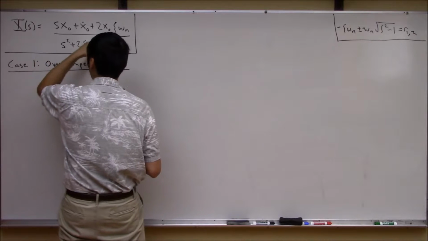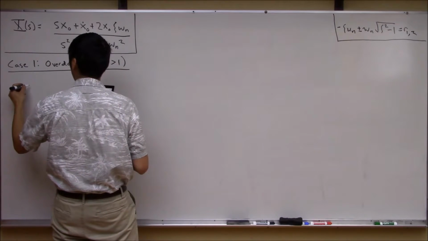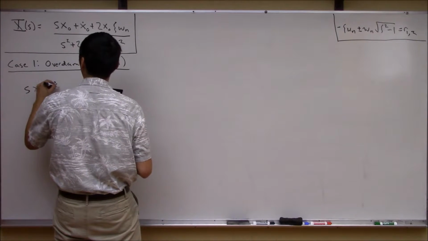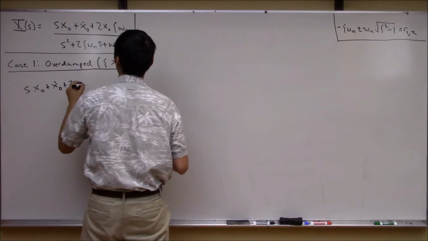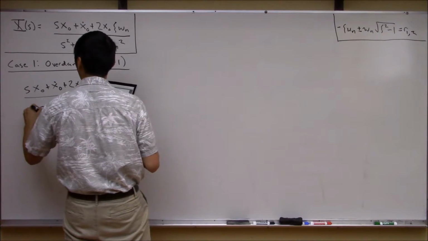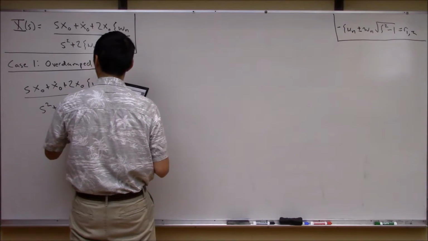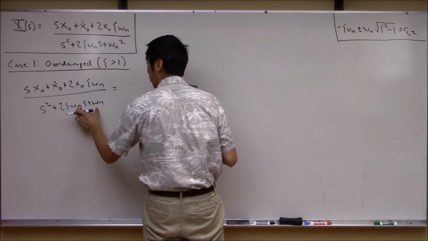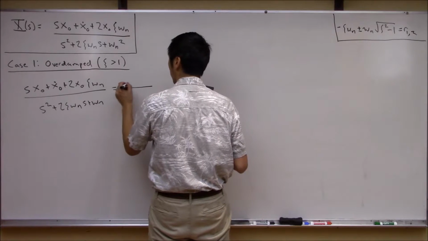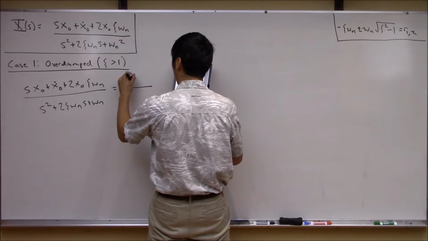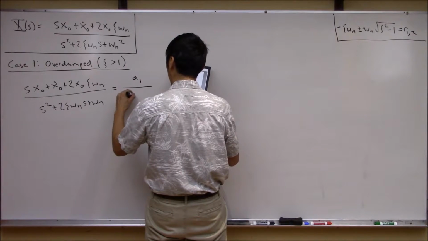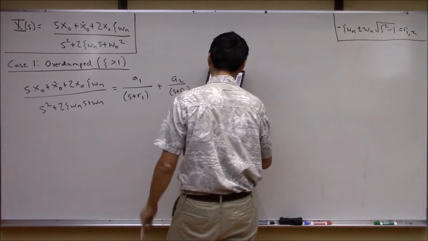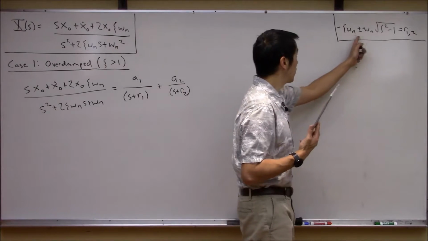So I know that X of s in the Laplace domain looks like this. Let me rewrite it: s x0 plus x dot 0 plus 2 x0 zeta omega n, all over s squared plus 2 zeta omega n s plus omega n squared, right? Since in this case the roots of this are distinct real roots, we can try a partial fraction expansion of the form some coefficient A1 over s plus root 1, plus A2 over s plus root 2, where root 1 and root 2 are given by this right here.